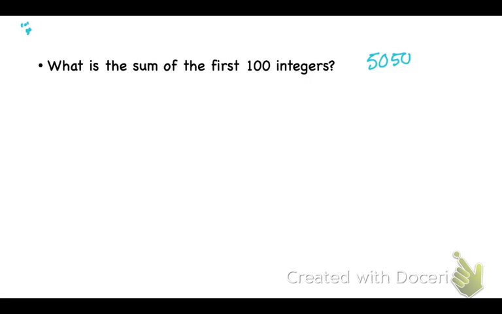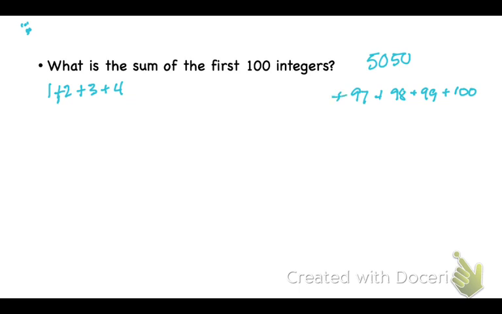So what Gauss did is he sat there going 1, 2, 3, 4, and he's like, this is stupid. And then he started going 100, 99, 98, 97, because he was going to write them all out.